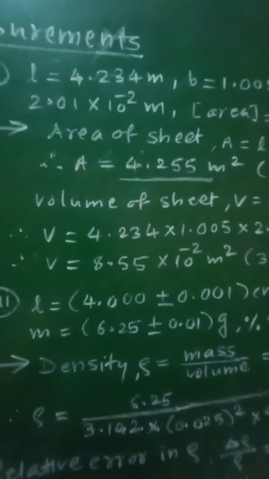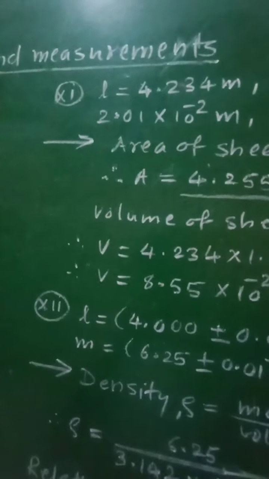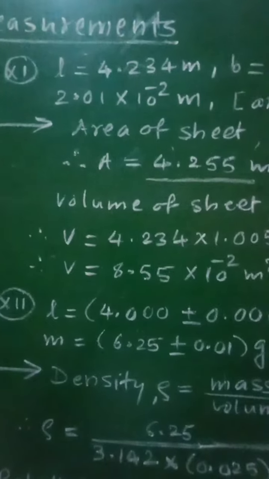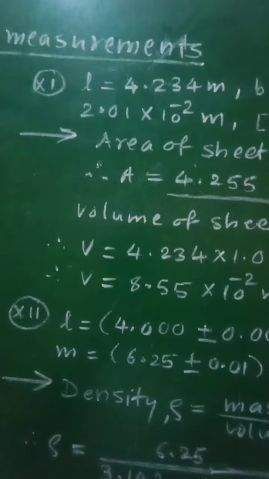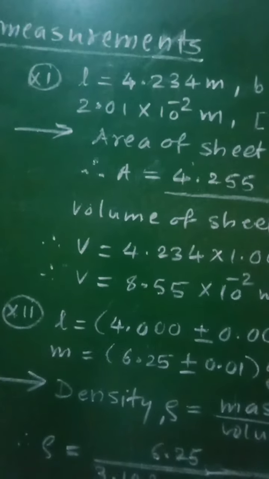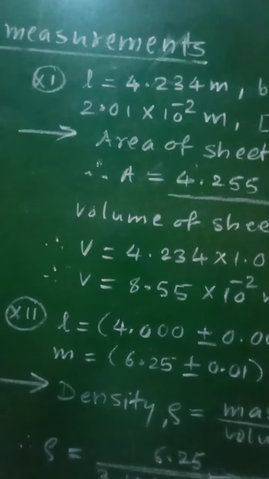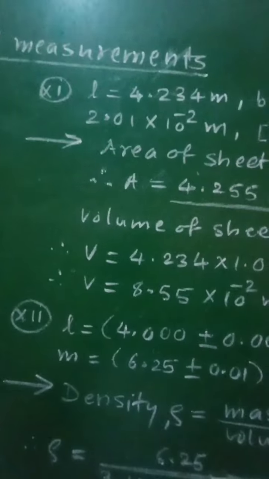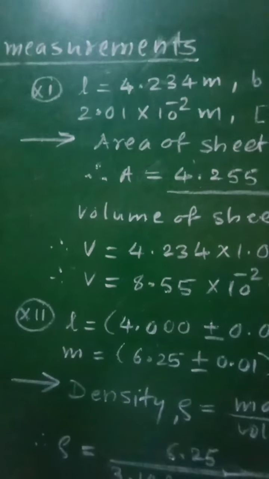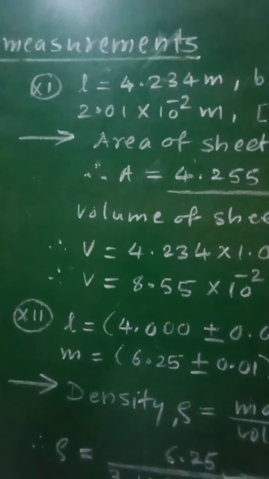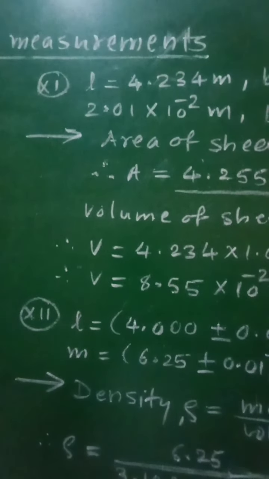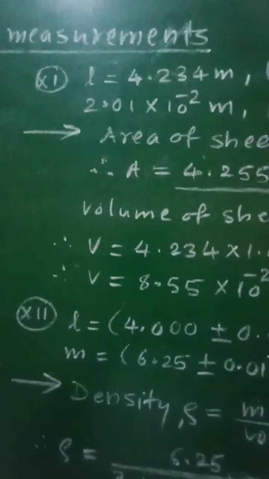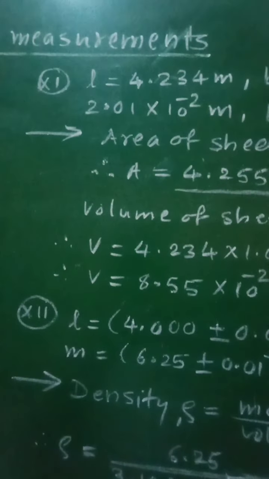Now let us see the next numerical, numerical number 11, which is stated as: the length, breadth and thickness of a rectangular sheet of metal are 4.234 meter, 1.005 meter and 2.01 centimeter respectively. Give the area and volume of the sheet to the correct significant figures.